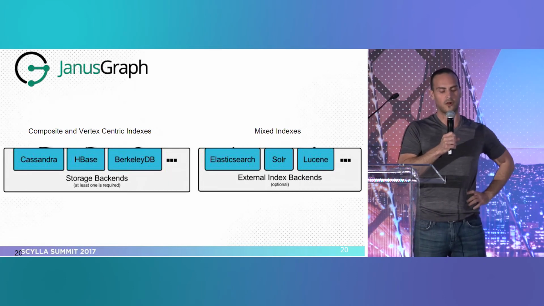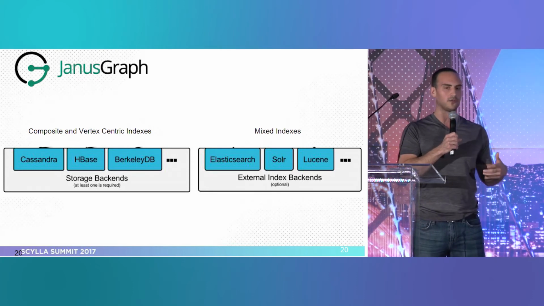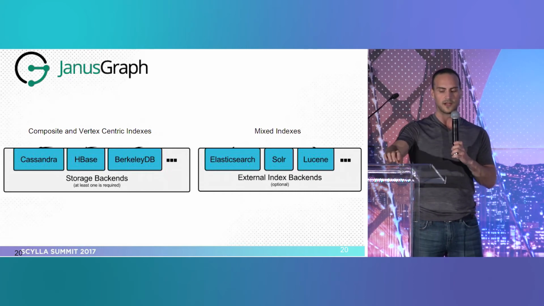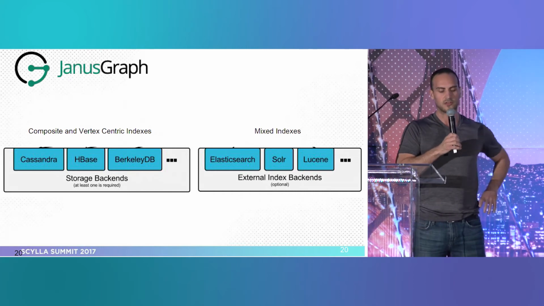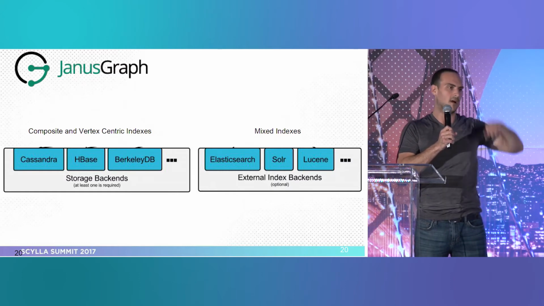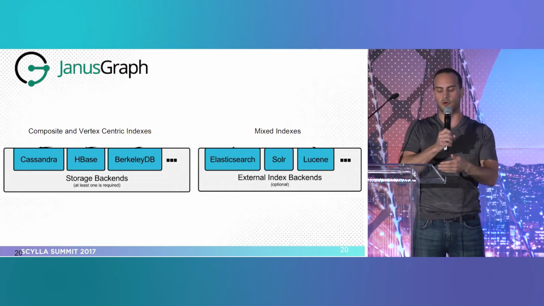Composite indexes are exact match lookups, and those are the typical indexes you would think of when you think of a database index. And finally, Janus Graph supports something called a vertex-centric index, and these are kind of the Janus Graph special sauce. So a challenge in graph databases is when you have a node that has a ton and a ton of incoming or outgoing edges.